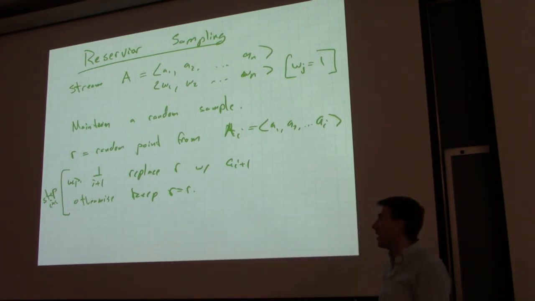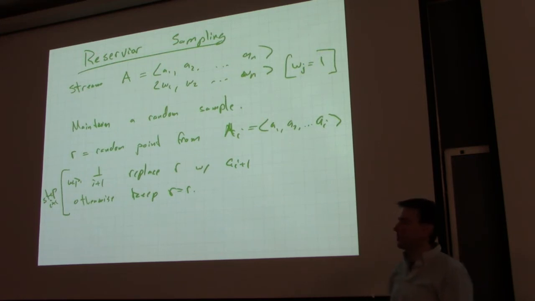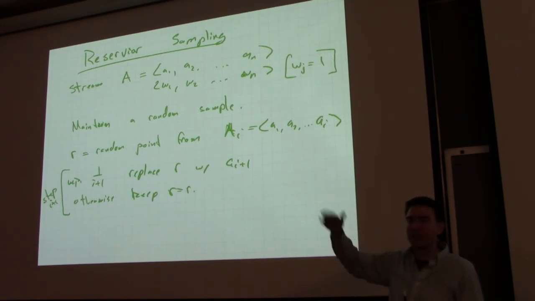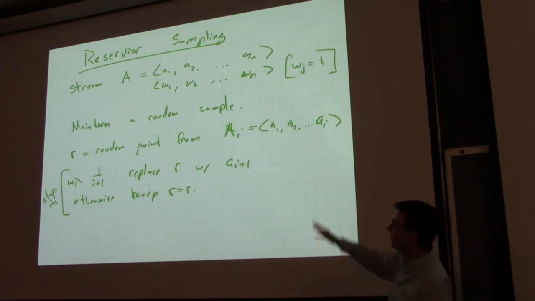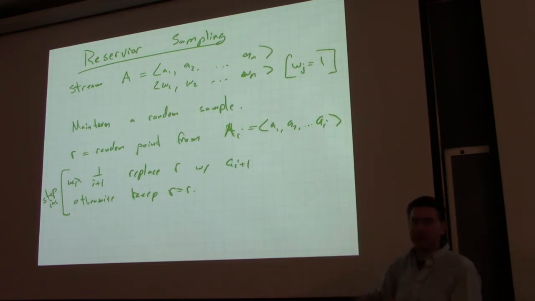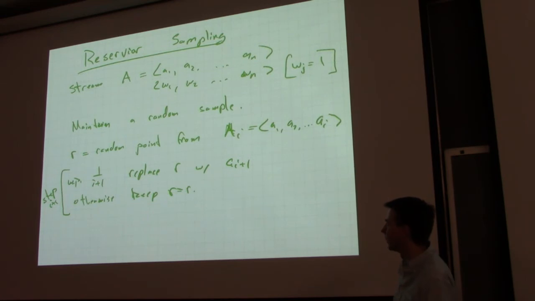If I see the 11th item, then there's some probability that it's been replaced. But most of the time I didn't keep that new item anyway. So the probability that it's been replaced drops down to only having been kept 1 out of 11 times. I've only siphoned off a small amount of it. So the analysis isn't too hard. I'm not going to go through it, but there are a couple-line proofs out there.